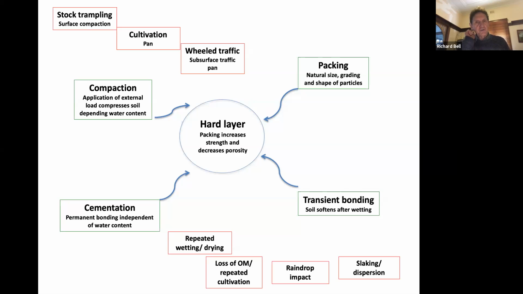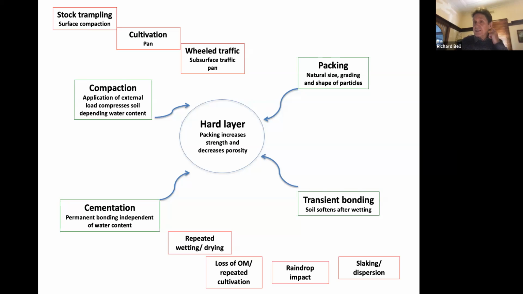That's related to sodicity in the soil. Those soils, when they wet, tend to disperse because of the influence of the sodium. Raindrops, when they hit the soil surface, have quite a lot of energy, and the impact of the raindrop itself can break down soil peds and reduce the surface structure and lead to that crusting.